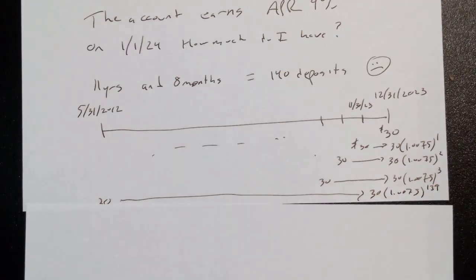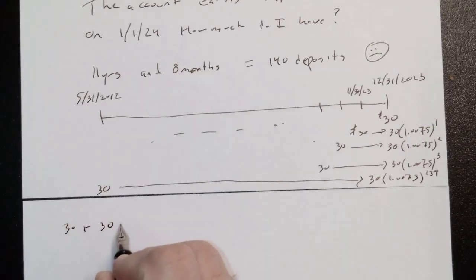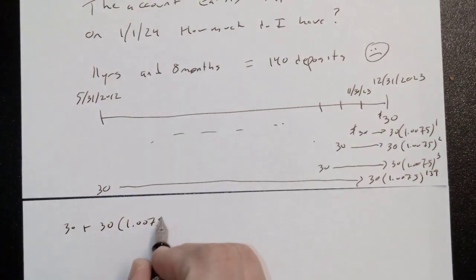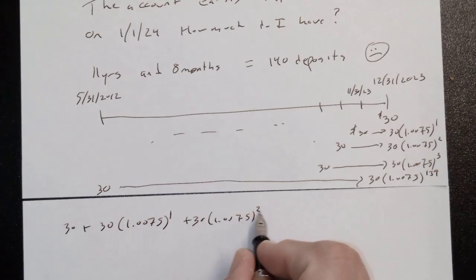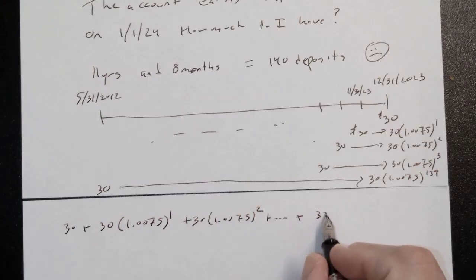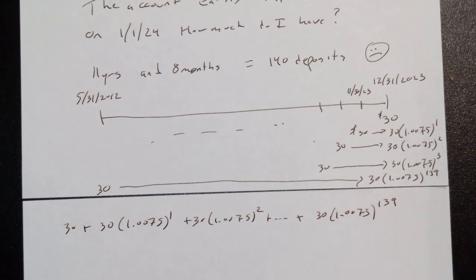Now, really, I made all of these deposits, right? So the total in the bank is 30 plus 30 times 1.0075 to the 1 plus 30 times 1.0075 squared plus 30 times 1.0075 to the 139th.